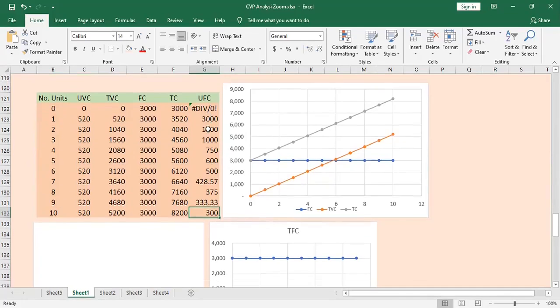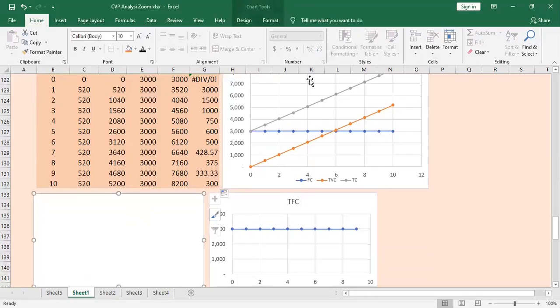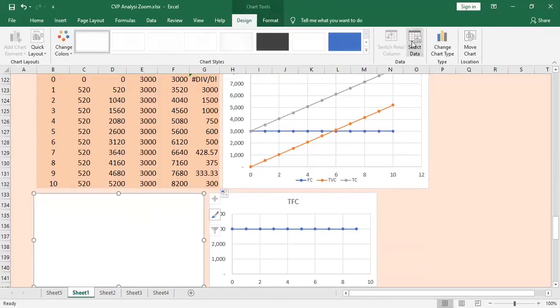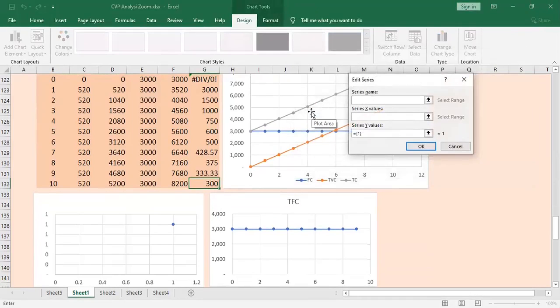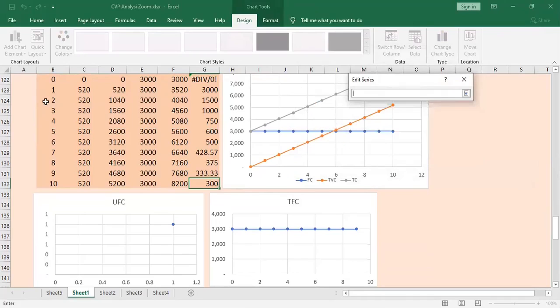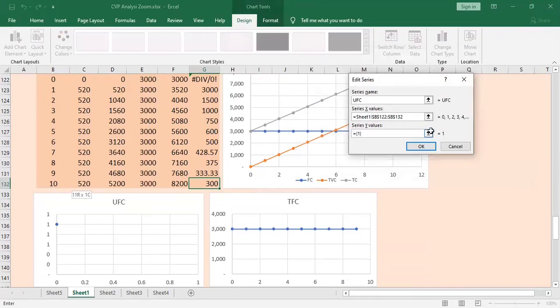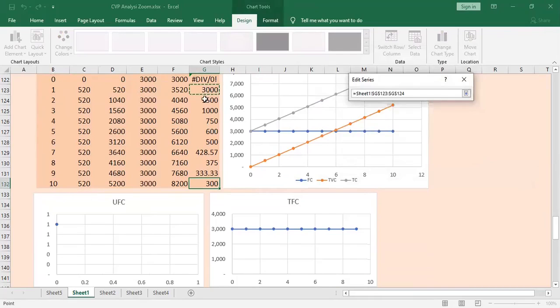So let me plot this information in this particular graph so you may understand the behavior very clearly. Right. So here I am going to plot unit fixed cost. The x-axis again will be the output number of units, and then y will represent this unit fixed cost.